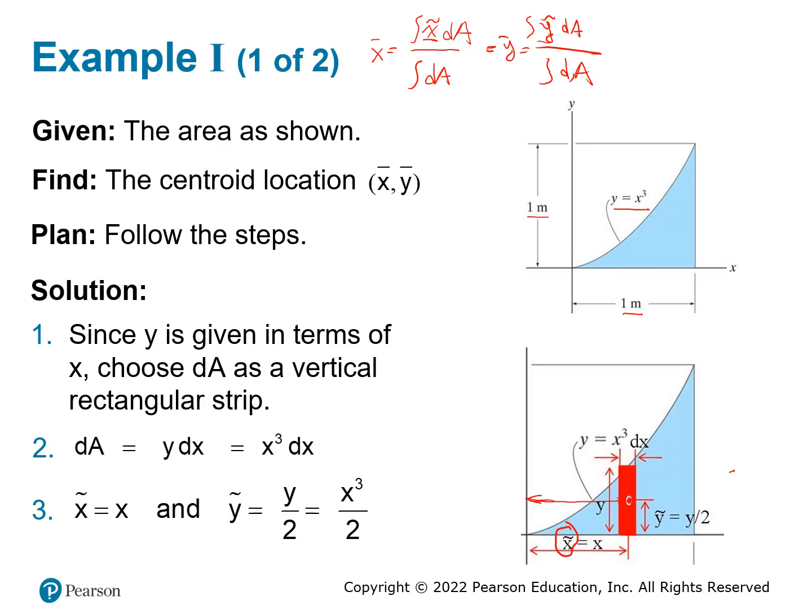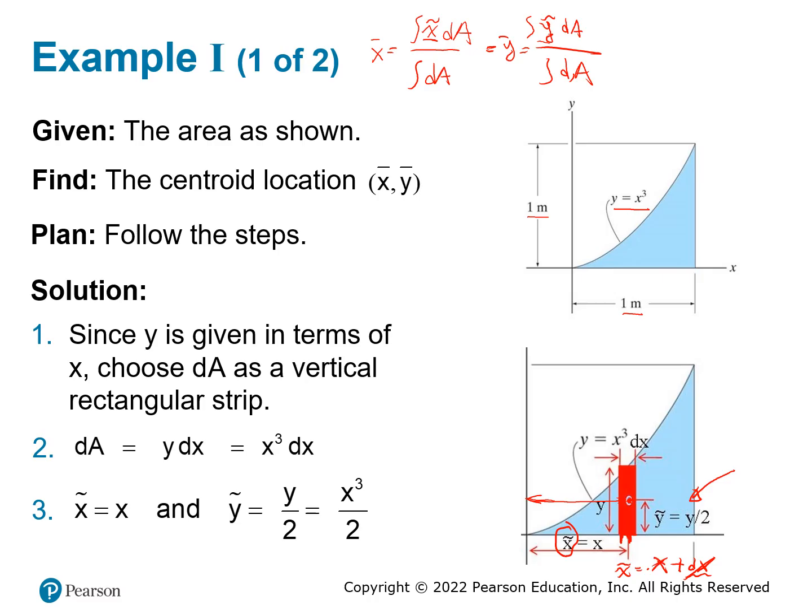A lot of people will make the mistake of simply using y. In the x direction, you could say it should be in the middle of this dx, right? But the dx is so small, so it's approximately just equal to x. This is supposed to be x plus dx over 2, but because this is very, very small, we just say x tilde is equal to x.